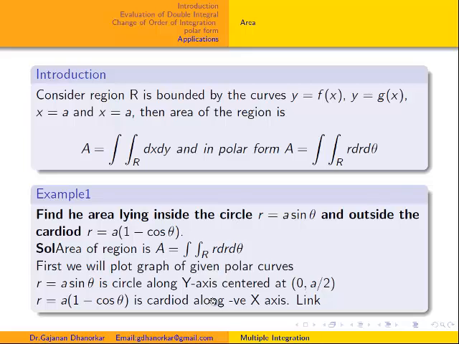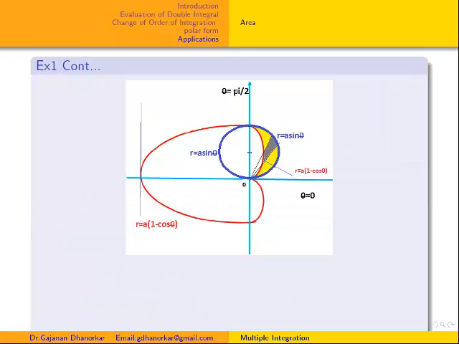Now we get our figure as shown here. This red one is the cardioid, r is equal to a into 1 minus cos theta. This blue one as shown here, r is equal to a sin theta, is along the y axis, and this is the x axis, meaning this is the cardioid and this is the circle. We know these two figures because in the last video lecture we studied the standard curves.